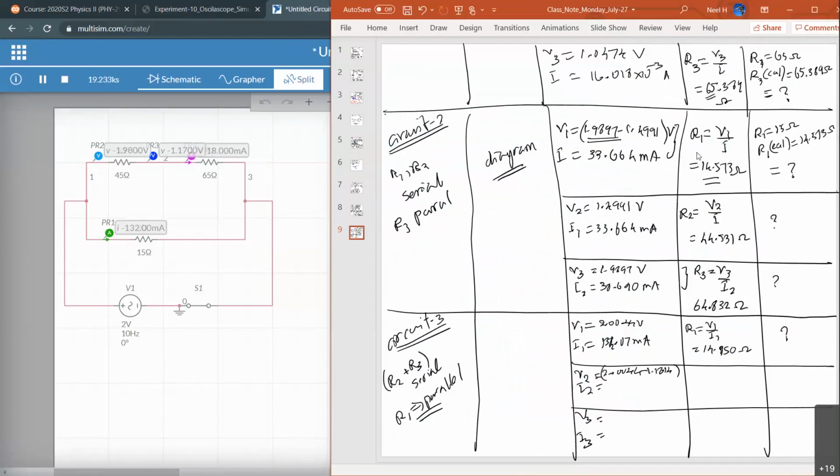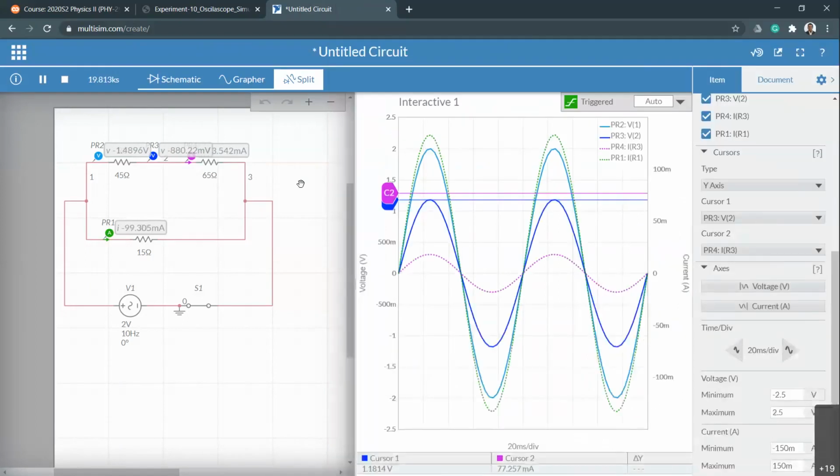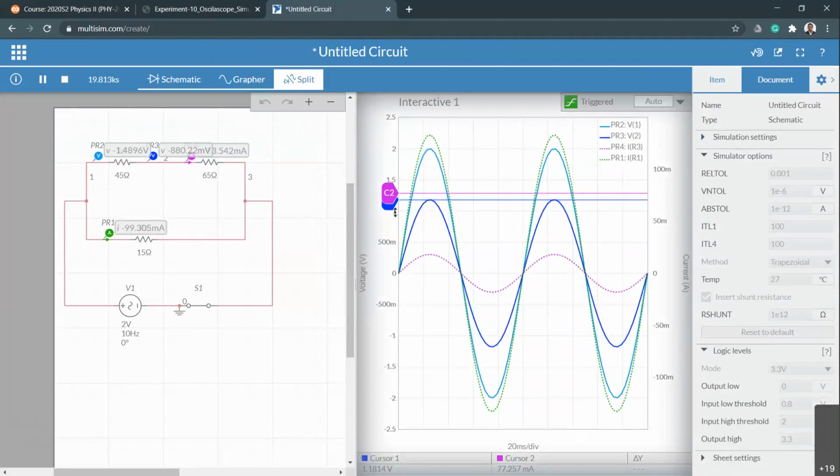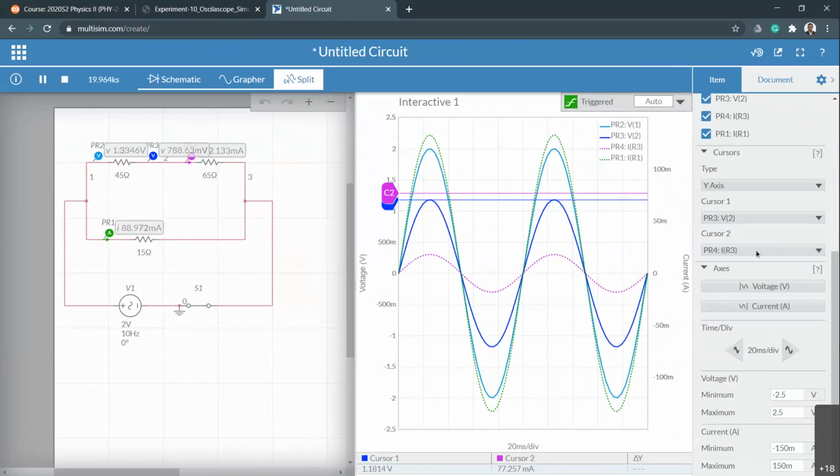Okay. Voltage across resistor number 2, and then the current passing through resistor number 2 is the current on the top line. That is this pink line, right? So you have to change the cursor into current passing through resistor number 3, because number 2 and 3 are on the same line, right?